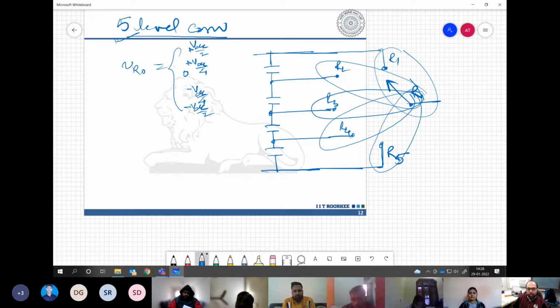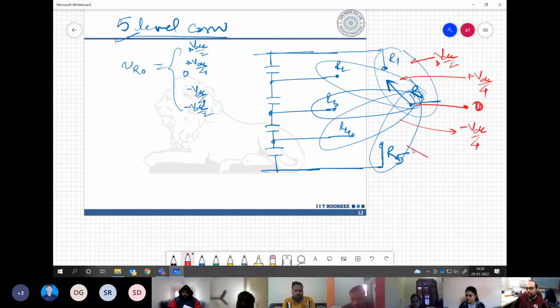So I can just mark quickly on this. This is basically the plus VDC by 2 connection. The second is plus VDC by 4. The third one here in the middle is 0. And the fourth one is minus VDC by 4. And here it is minus VDC by 2.